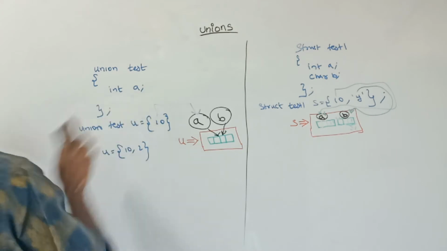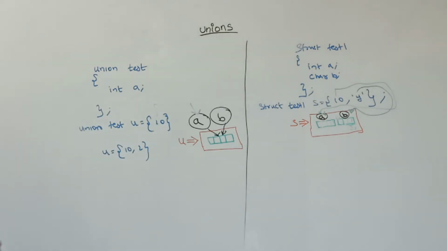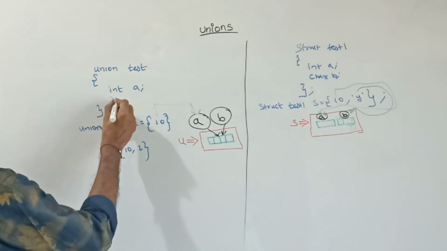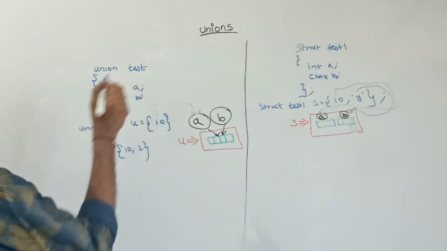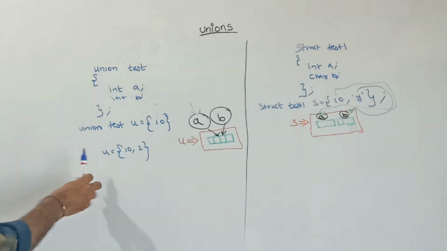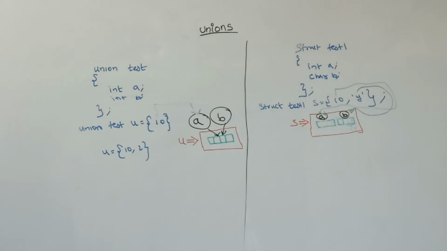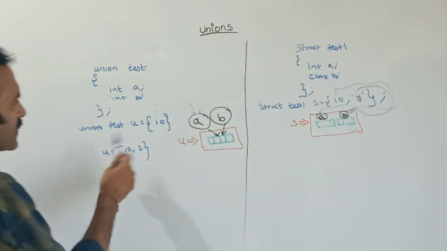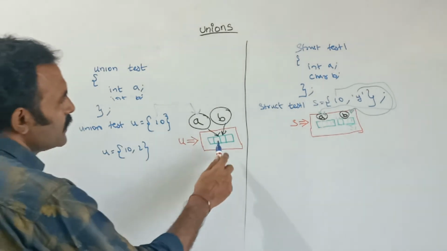Suppose this one is also an integer, let us assume. Suppose for b you are giving the values 10 and 2, so it will initialize the value 10 first. After that, second it will initialize the value 2.